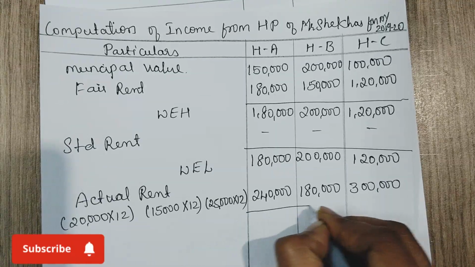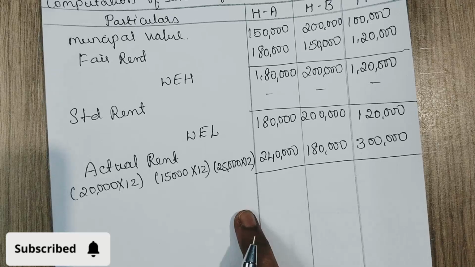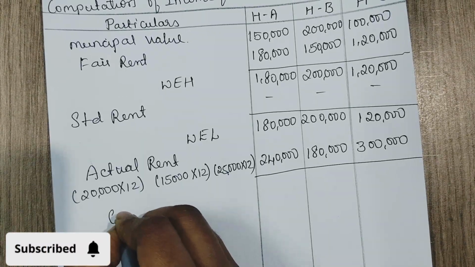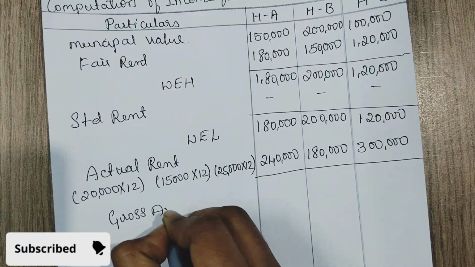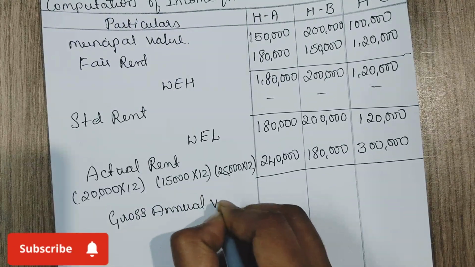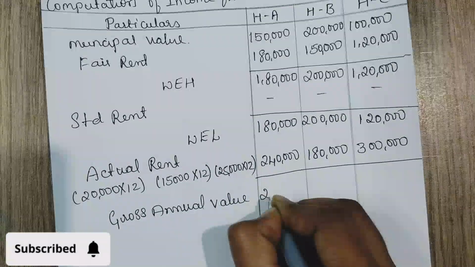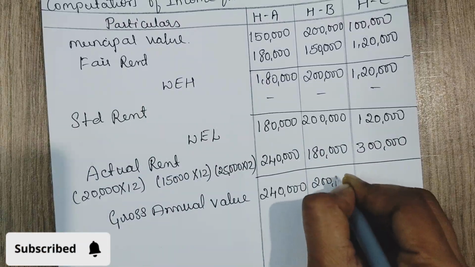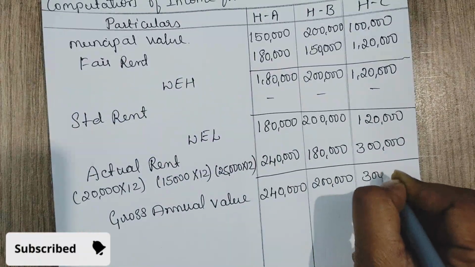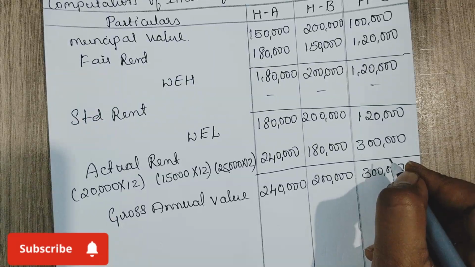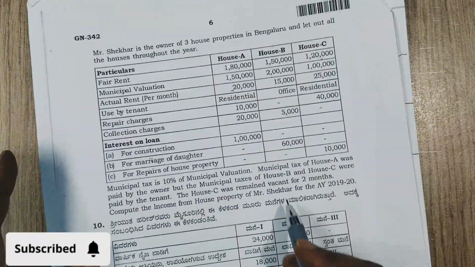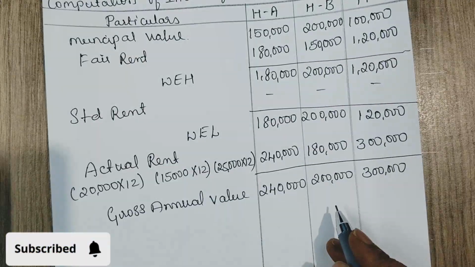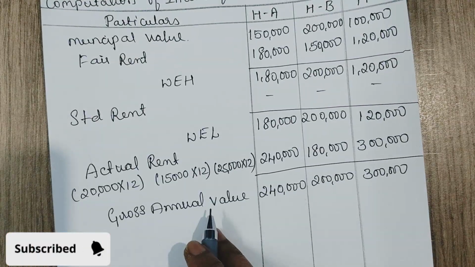Now, after actual rent, whichever is higher amount you are going to consider, that will be called gross annual value. Whichever is higher, that is 2,40,000, 2 lakh, 3 lakh. Now there is a vacancy period, right? What is the 2 months vacancy period for house C? So that should be deducted from gross annual value.